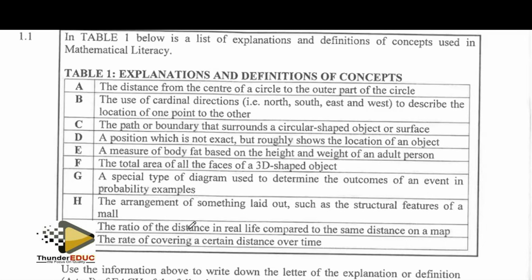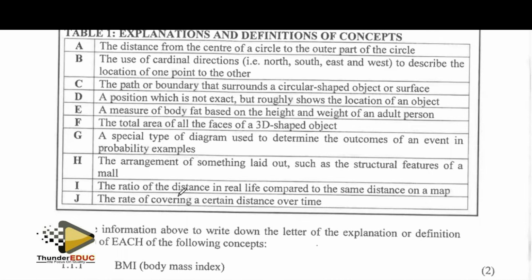I, the ratio of the distance in real life compared to the distance on the map, on the same distance of the map. J, the rate of covering a certain distance over time. Just looking at this, this has to be speed, because we have distance and the time.